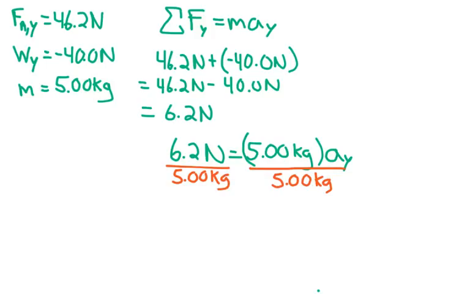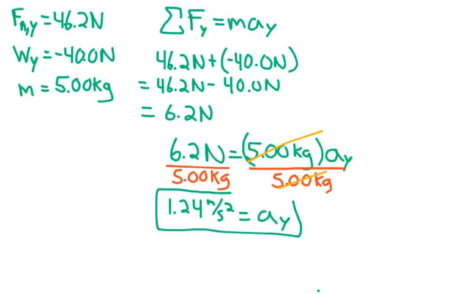Of course, the 5's on the right-hand side cancel out, and we're left with a sub y is equal to, just typing this into your calculator, 6.2 divided by 5 gives you 1.24, and that's going to be meters per second squared, and that's our final answer.